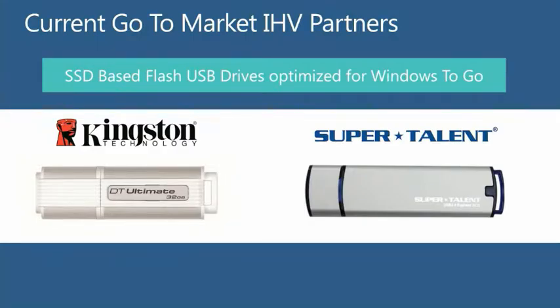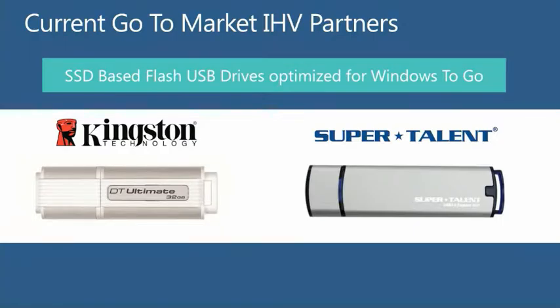If you go to the TechEd site and have a look at the documentation for Windows to Go, there are links to the two websites where you can purchase them, which is great if you live in the US and not so great if you live anywhere else in the world, which is pretty much everyone in this room, I suspect. You have to go to either a special link that then tells you to email someone, or you get a mail-to link which helps you email someone on the SuperTalent site.